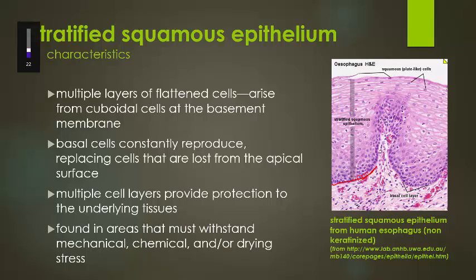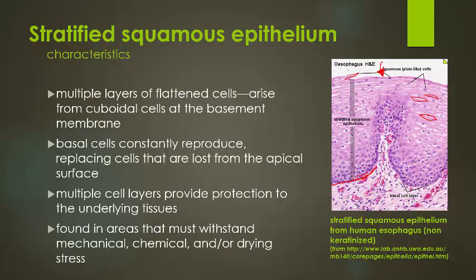But notice as they get closer and closer to the apical surface, so here is the apical surface of this tissue. Down here, of course, is the basal layer. As we get closer and closer to the apical surface, the cells become much more flattened. So you can see that the cells get very flattened out. And by the time they get up here, there's not much cell left there.